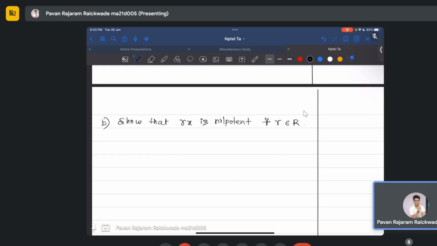Given that x was nilpotent, this is easy since you have a commutative ring. What happens for rx power m? You get rx times rx times rx, you go on. But since it is commutative, you can do this operation in reverse, like this. So you get r raised to m times x raised to m. Since x raised to m is 0, this is 0, which implies rx is nilpotent.